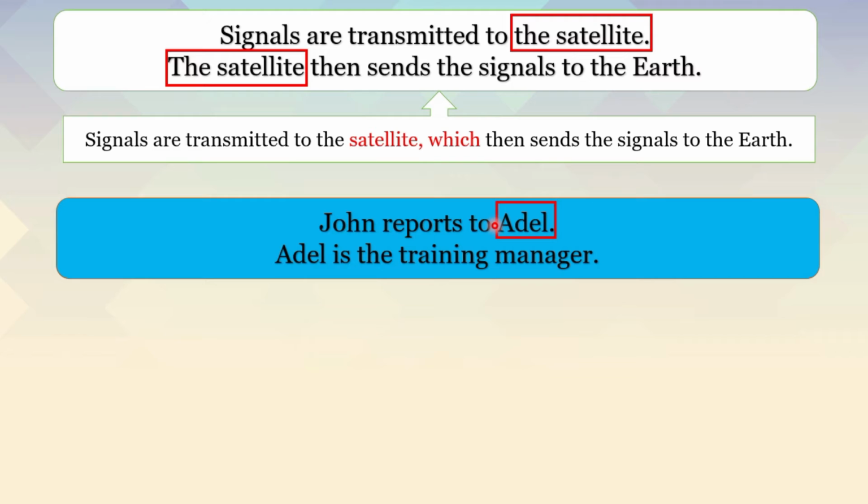And Adil is also the subject of the second sentence. The second sentence gives extra information about Adil. So we can join the two sentences together using a relative clause.